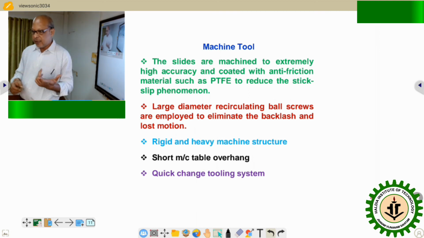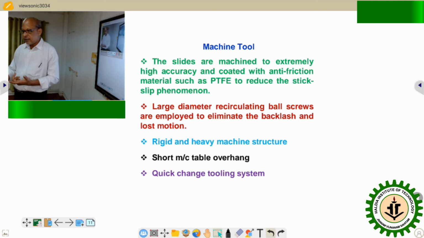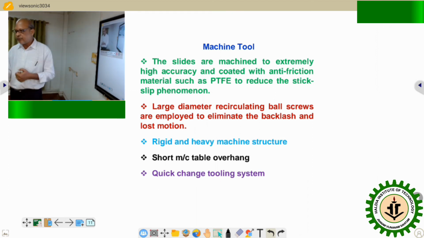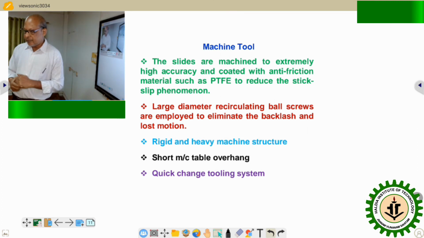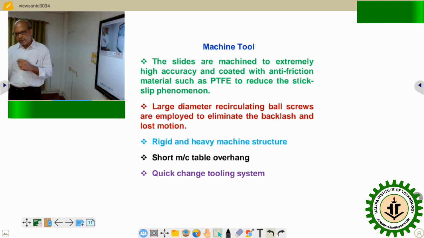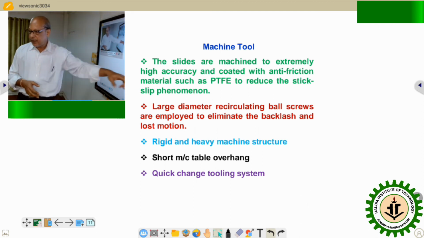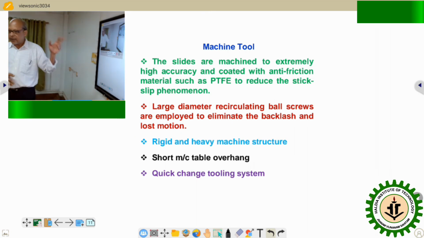For that reason, cutting force will increase, and power will also increase. If the machine tool is not rigid enough to withstand high vibration and cutting force, you won't be able to employ higher feed and depth of cut. There will be chatter marks, and there may be a possibility of tool breakage. That is why the machine is made very heavy and rigid, so that it can withstand high cutting force and vibration.